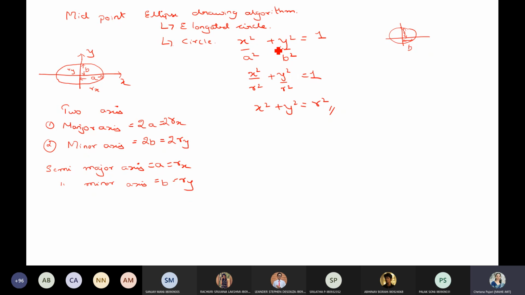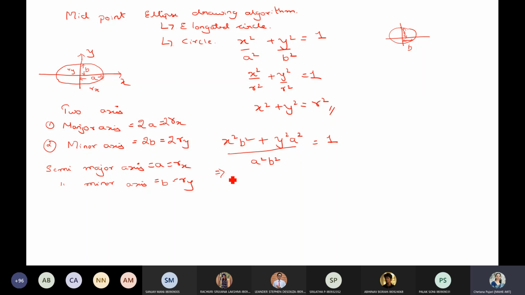So let's rewrite this equation. It is x square b square, plus y square a square, divided by a square b square, is equal to 1.